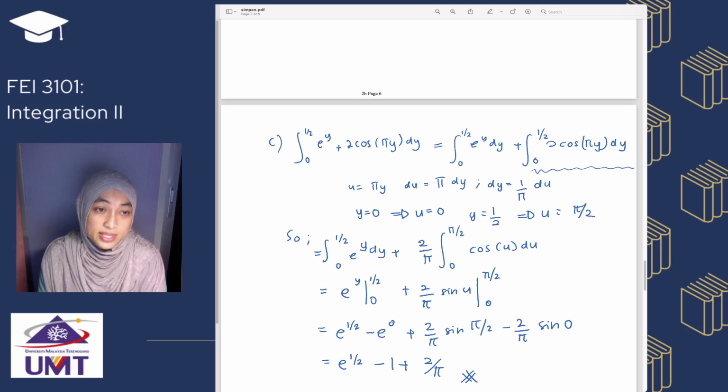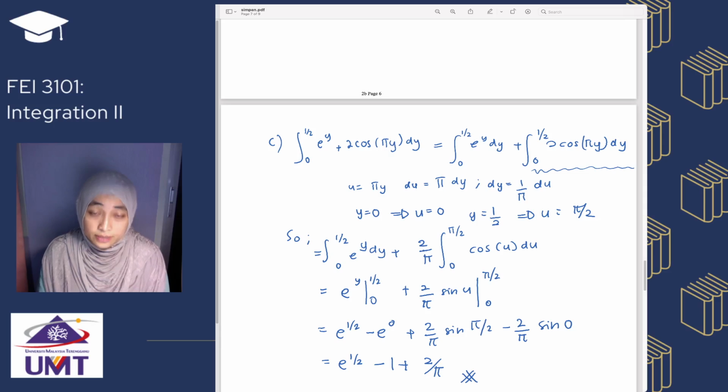So for C, it is quite lengthy a bit, but I guess you can complete this easy peasy, right? This is an integration from 0 to half of e to the power of y plus 2 cos pi y dy. You extract the function, so you get e to the y dy plus the integral from 0 to half of 2 cos pi y dy.